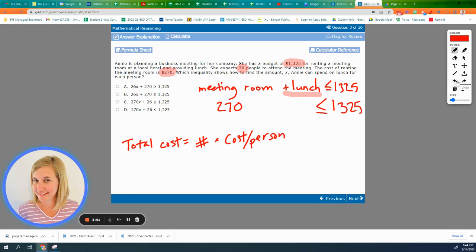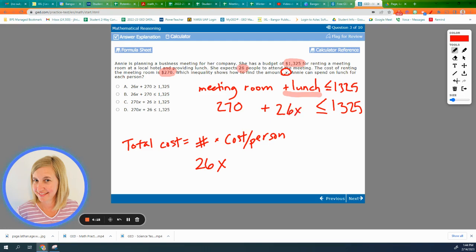We know that the number of people is 26. What we don't know is the cost per person, and they want us to use the letter X to represent that. So the amount X that Annie can spend on lunch per person. So 26X is the total cost. So up here, the total cost for lunch is 26X.